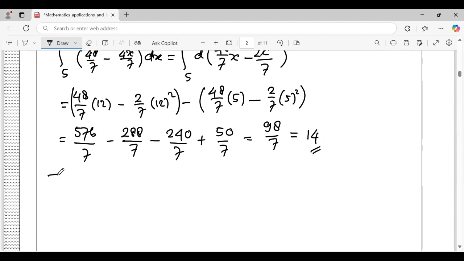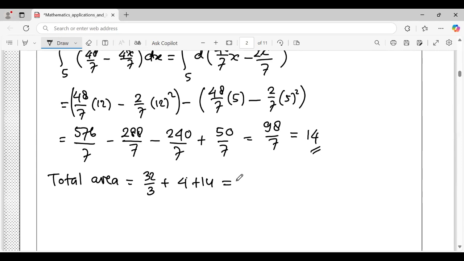So it means the total area from 0 to 12 is 32 over 3 plus 4 plus 14.